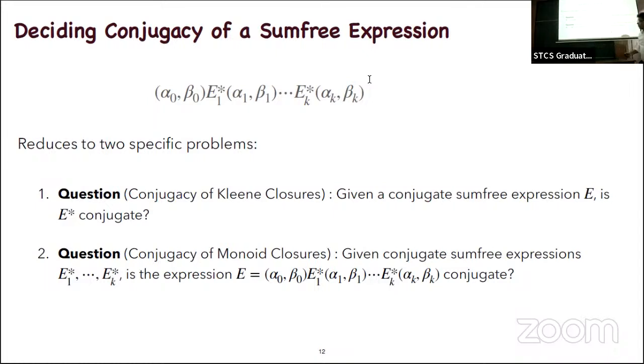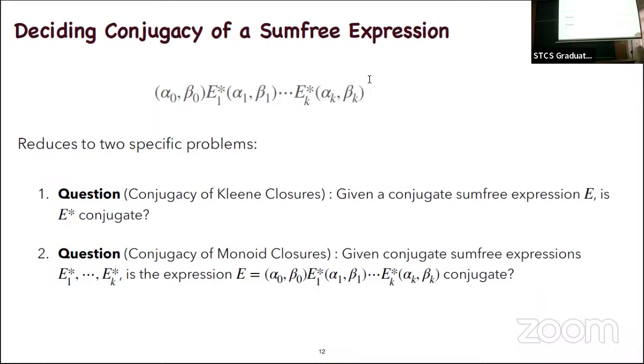So if I take a word from even and repeat it a million times, this same word has to match. If I have u on top and v on the bottom, the top portion has to match with the bottom portion, so u and v have to be conjugate.